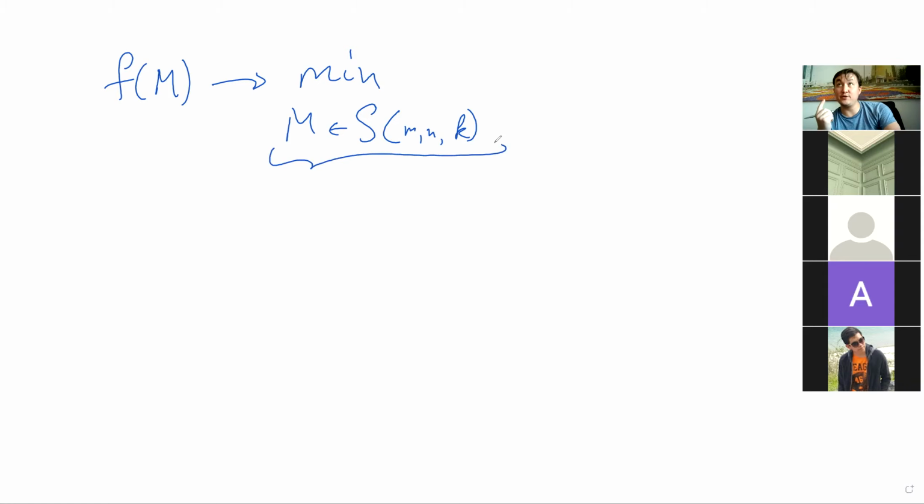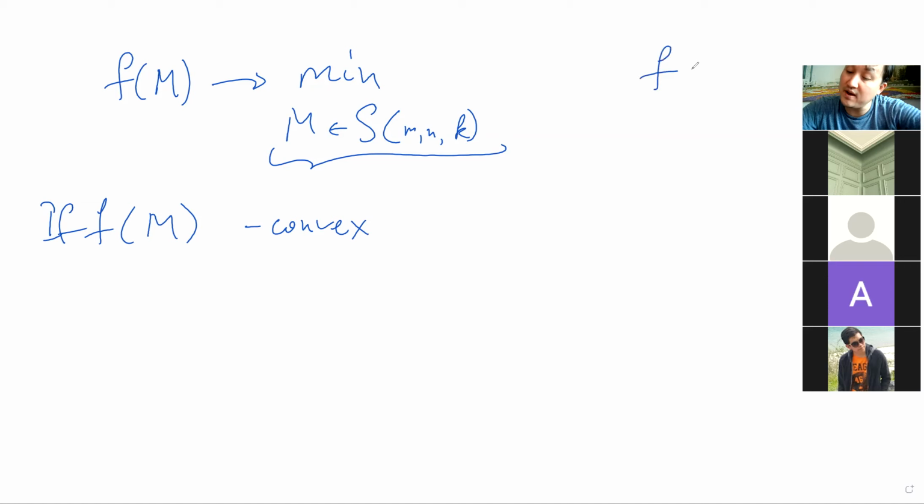Even if f of M is convex, this still doesn't mean that this problem is easy. You know that convex optimization problems are tractable. It is a well-known fact that when you have a convex function, its minimization is tractable when there are no constraints.